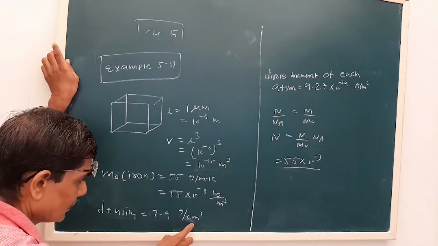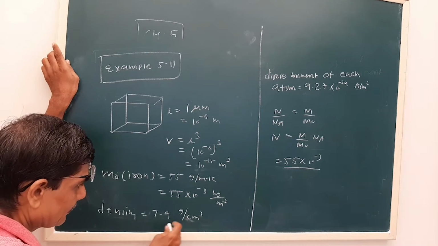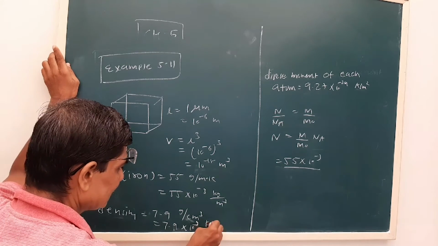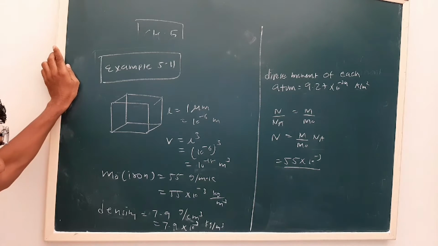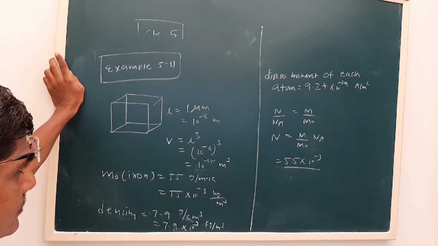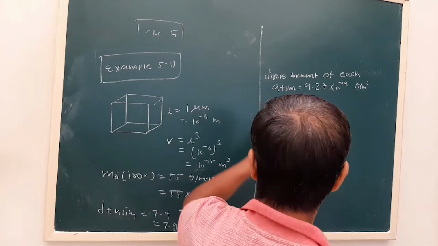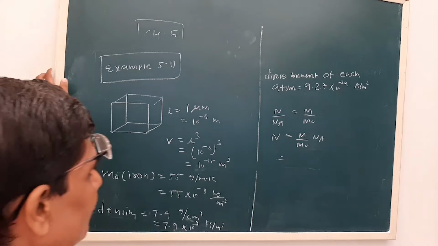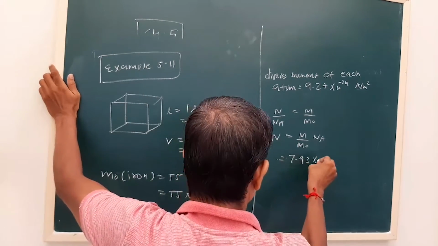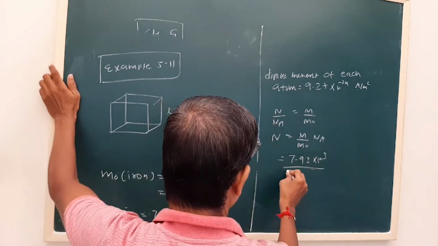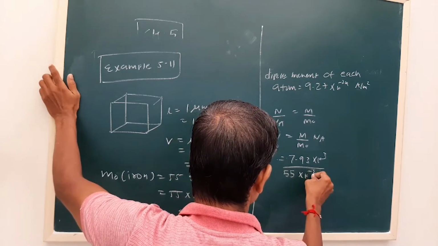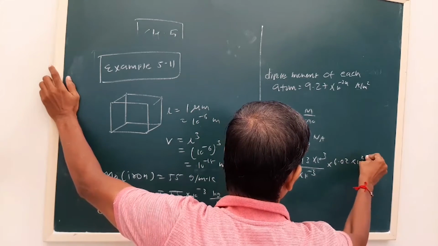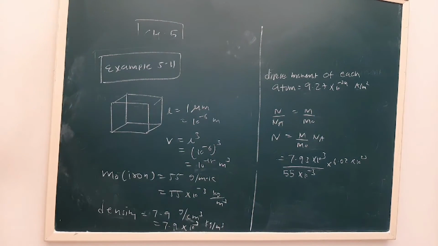See, gram per centimeter cube to kg per meter cube, that we have studied in dimensional analysis. This mass is the mass contained in a unit volume, so that will be 7.93. M0 is the molecular mass 55, into Na is 6.02 into 10 to 20. Now you try to calculate this value.